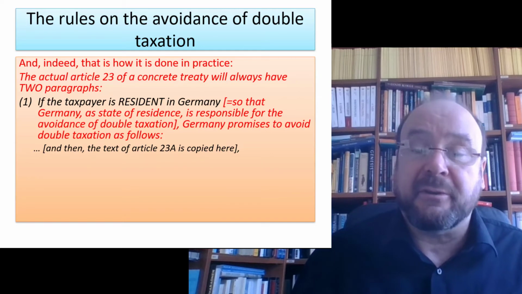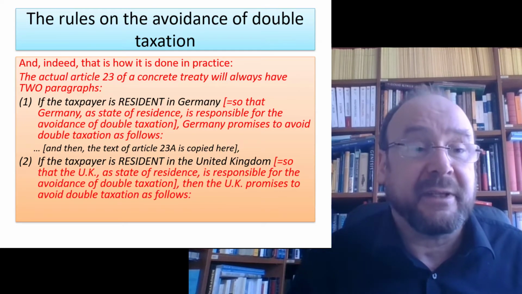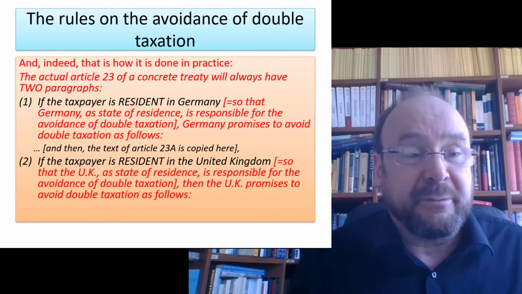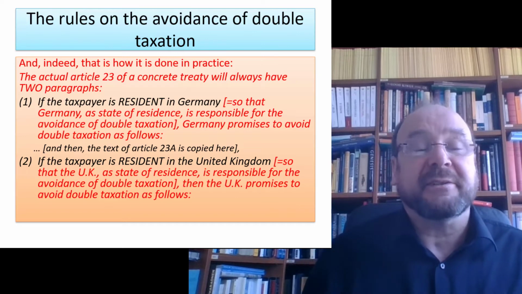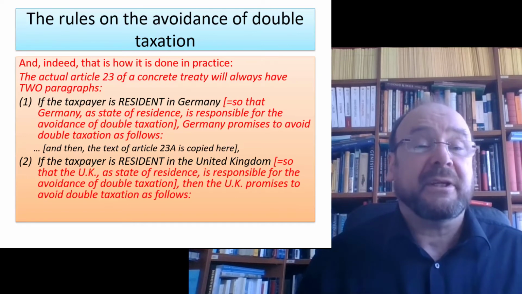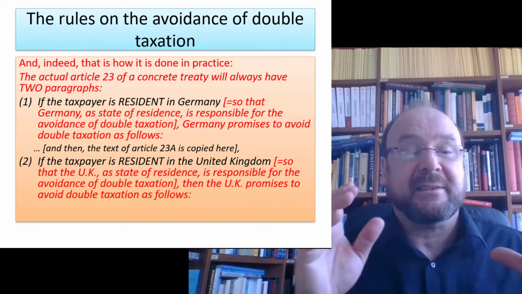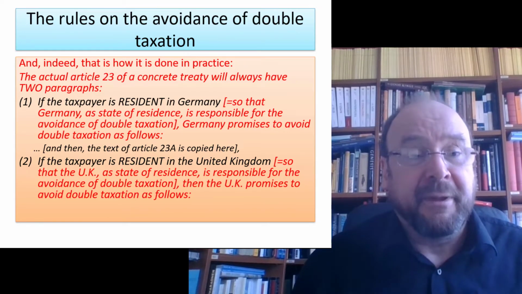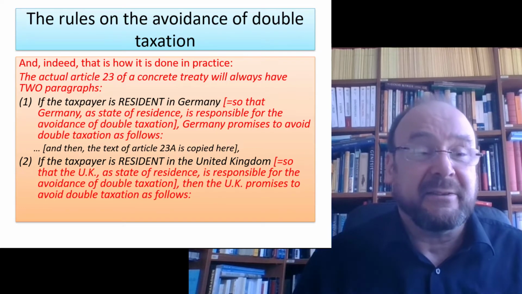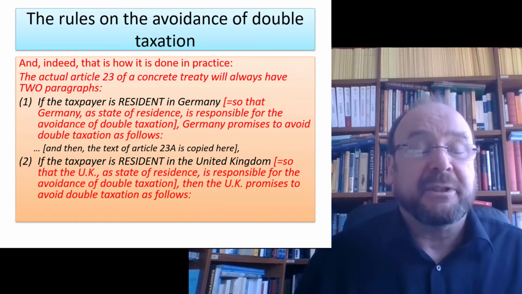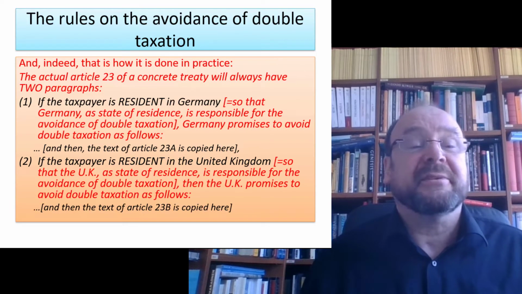And then the second paragraph: if, however, the taxpayer is resident in the United Kingdom, so that the UK taxes the worldwide income and is responsible for avoidance of double taxation, then the UK solemnly promises to avoid double taxation as is customary in the UK culture, as every UK citizen expects it, as every UK citizen can dream of nothing else which could ever be more favorable, and then the UK copies the B variant.